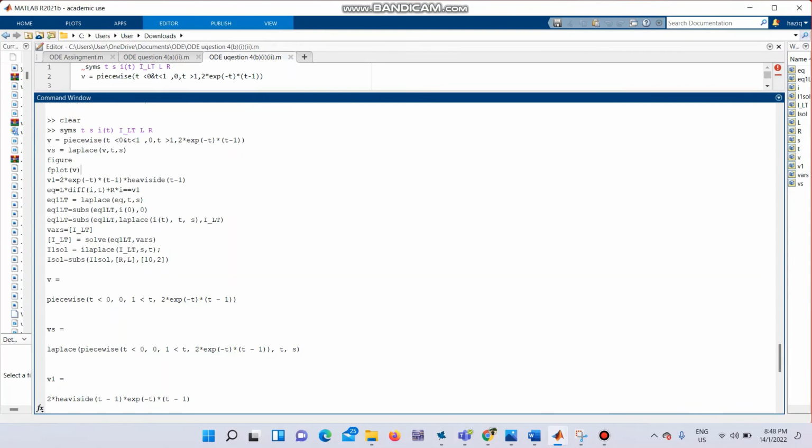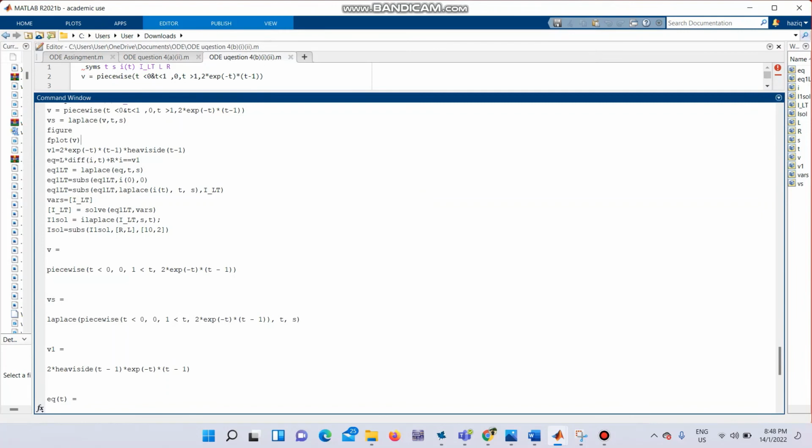And next, v1 equal to 2 multiply exponent bracket negative t multiply t minus 1 multiply heaviside bracket t minus 1. The next is equation equal to L multiply differential I(t) plus R multiply I equal to v1, and the next is equation 1 LT equal to laplace bracket equation, t and s.